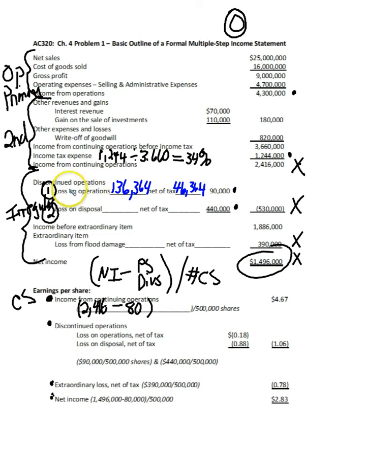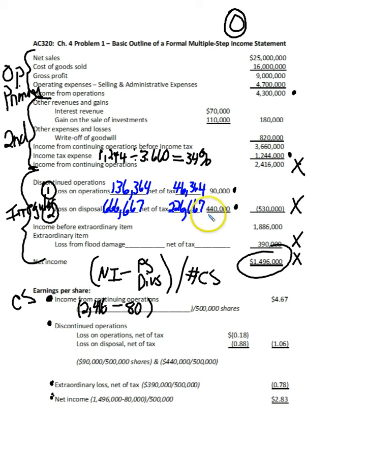Now, if we had taken the time, which we don't want to do because I don't want to bore you, but if we had figured it out for this, you should get $666,667, and then 34% of that, so take that times 34%, and you'll get 226,667.